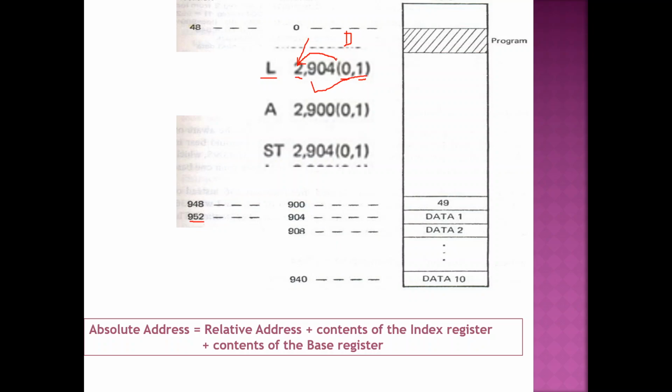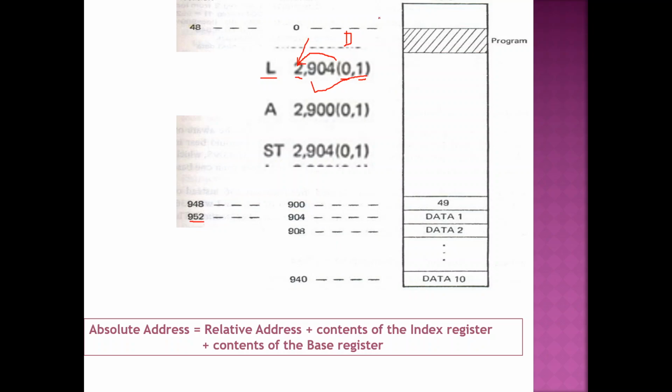Load the value present at 904 into register 2. That is the load instruction. Load 2 comma 904 works like a microprocessor, right to left. So we load from the address location and put it inside register 2.